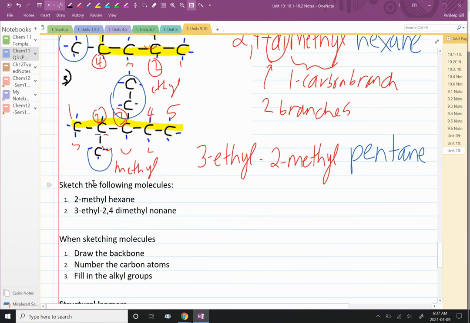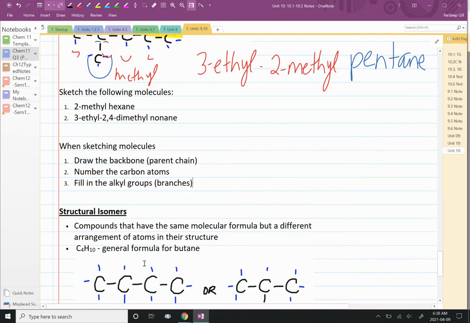And when you have some time, I want you to sketch these molecules: 2-methylhexane, 3-ethyl-2,4-dimethylnonane. Put a dash there. And when you're sketching, first you draw the backbone or the parent chain. Then you number the carbon atoms, and then you fill in the alkyl groups. Okay, and that would be the branches.